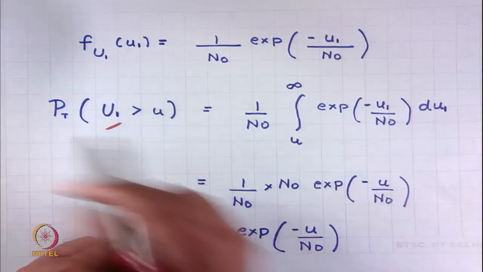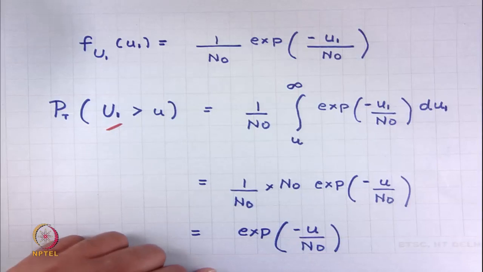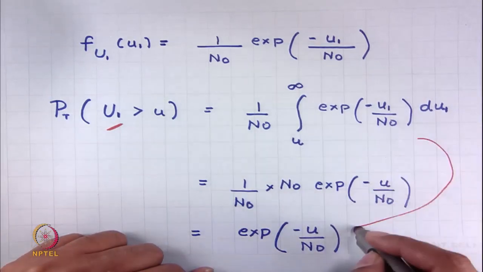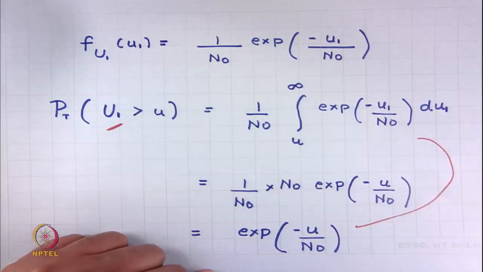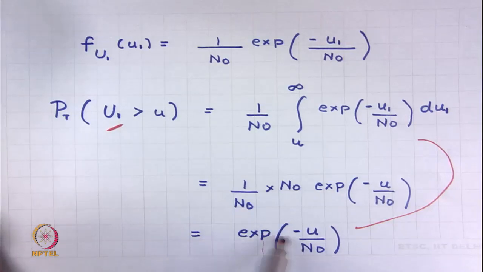This will give me the probability that random variable u 1 is larger than u. And solving this is pretty trivial. If you solve this, you get that this quantity is simply exponential of minus u by n naught. This is what we will use. So, the probability that u 1 is larger than u is simply exponential of minus u by n naught.